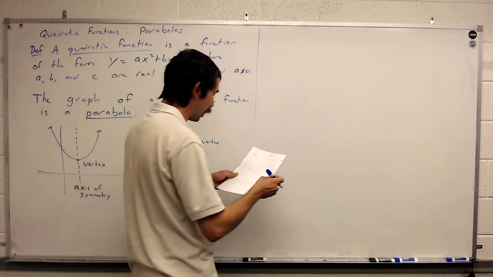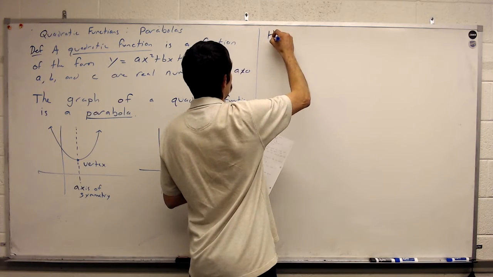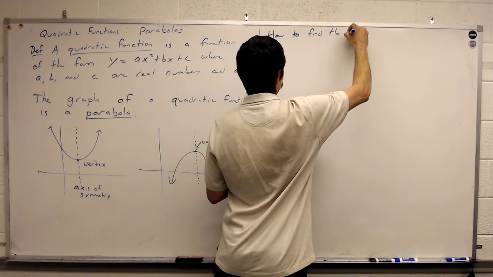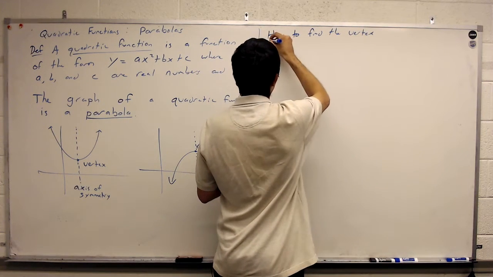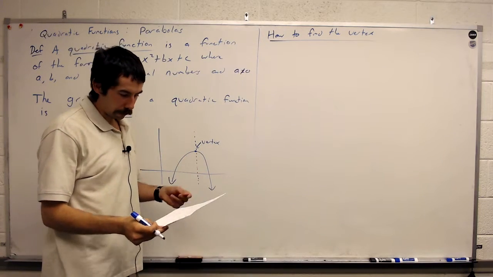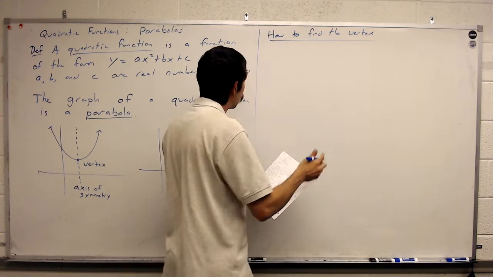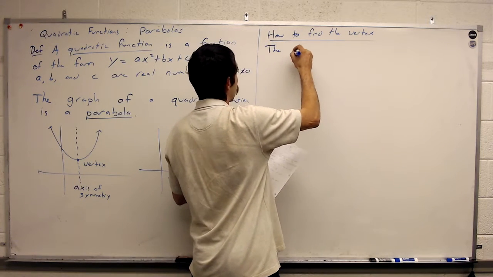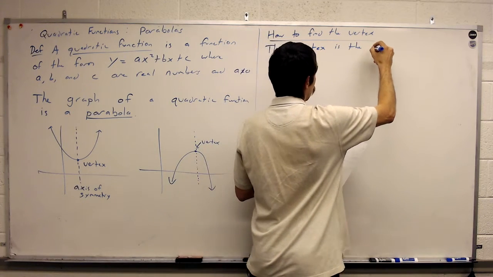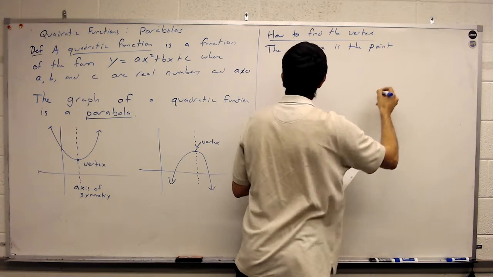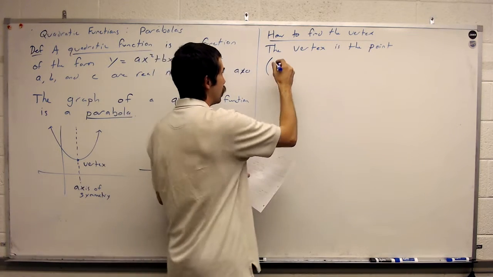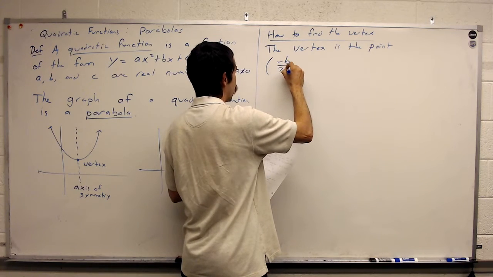All right, how do we find the vertex? There's a very simple rule for finding the vertex. The vertex is the point where the x component is negative b over 2a.